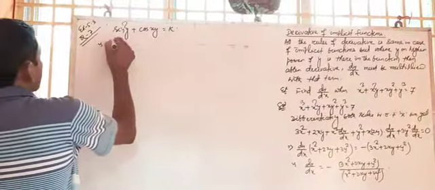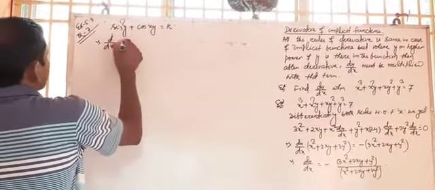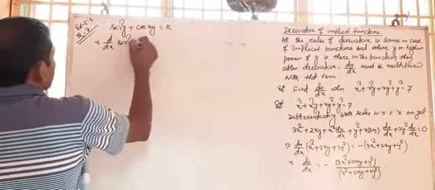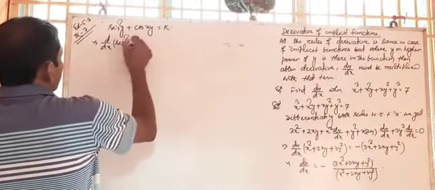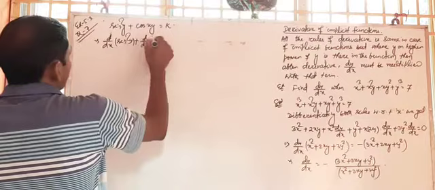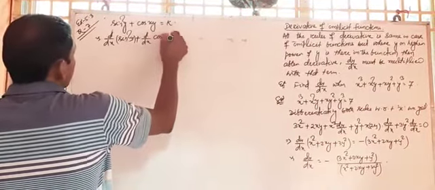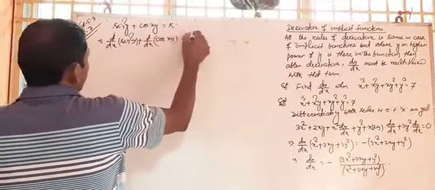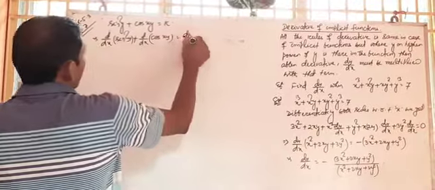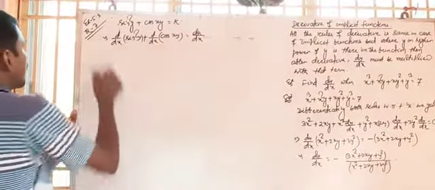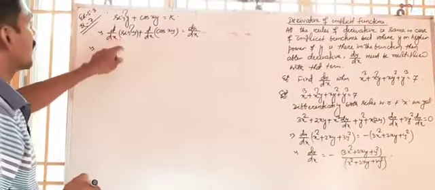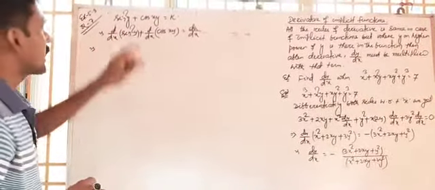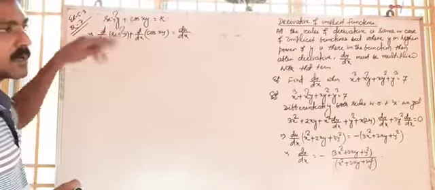So this implies d by dx of sin square y plus d by dx of cos xy equals d by dx of k. Now first the chain rule. First the power is there; sin square means x square, whose derivative is 2x.